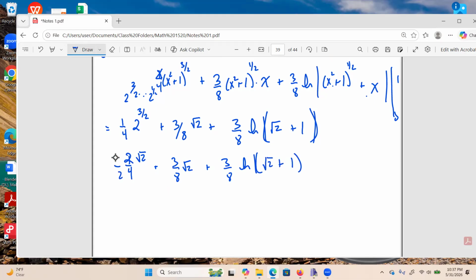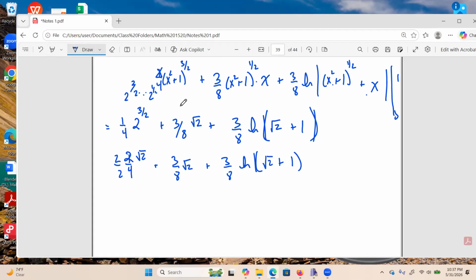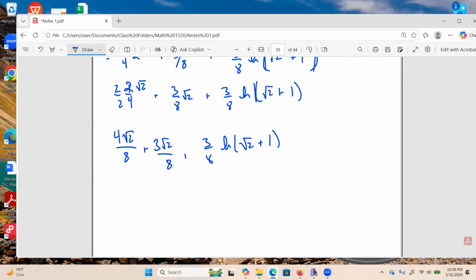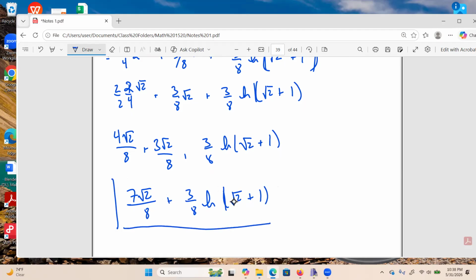And let's multiply by 2 over 2 to get a common denominator. So we've got 4 roots of 2 over 8 plus 3 roots of 2 all over 8 plus 3 over 8 natural log of square root of 2 plus 1. So that's going to give us 7 root 2 all over 8 plus 3/8 natural log of square root of 2 plus 1. And that is the answer that I got because I chugged this into Desmos as well and made sure that it actually worked. And that's the answer we got.